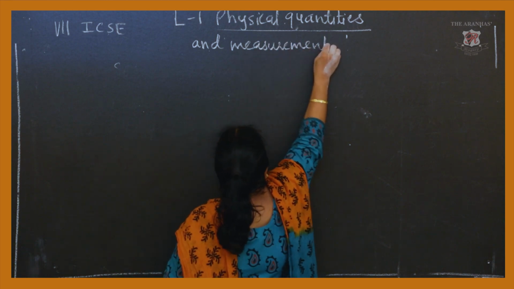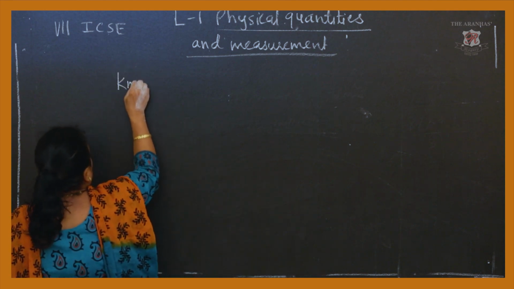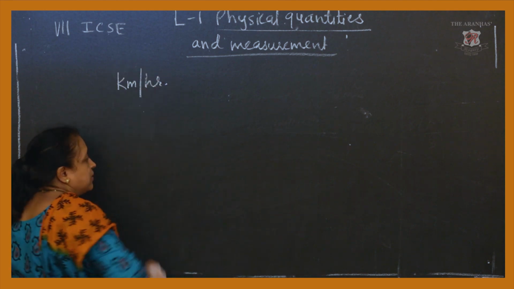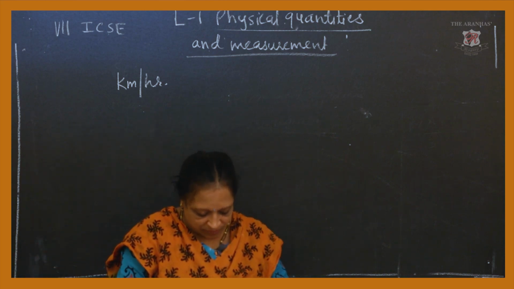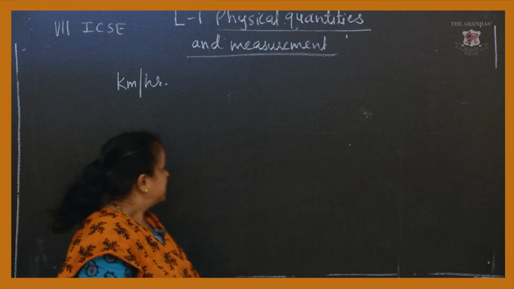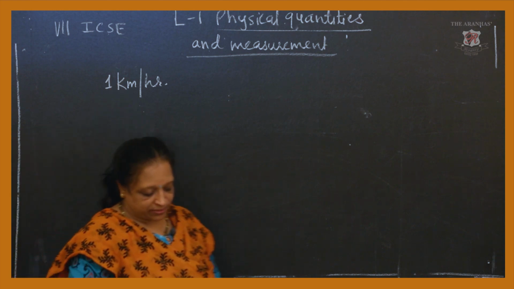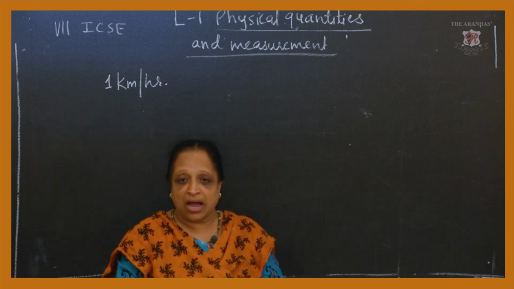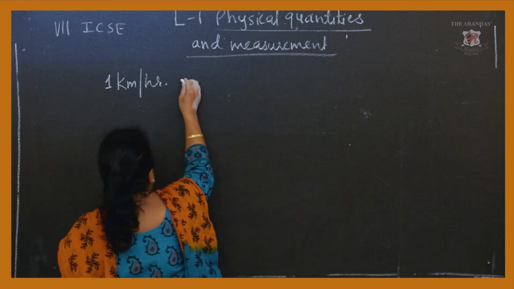This is the lesson I am just writing. So if the unit of measurement for the speed is given in kilometer per hour, per hour means we are taking 1 hour only. Let us take this as 1 kilometer. And now I want to convert this into meter per second.